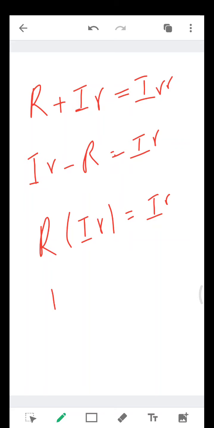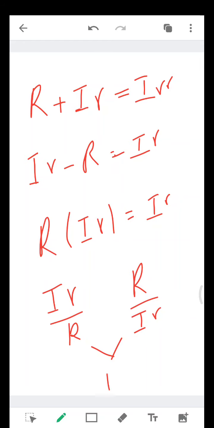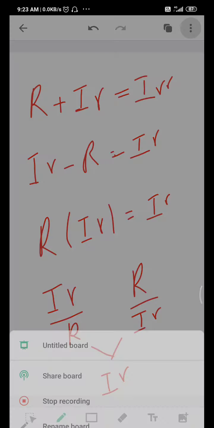Or you can say irrational by rational, or rational by irrational, these both are also irrational. So you can check whenever an irrational number comes in with any rational number, it gives you an irrational number. So complete this in your classworks.